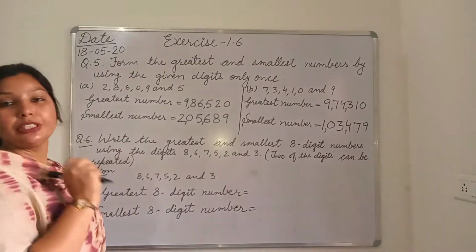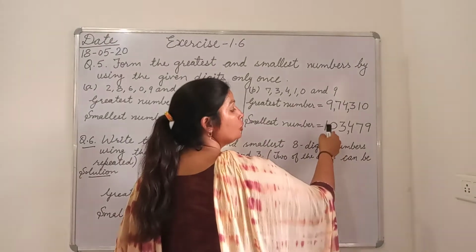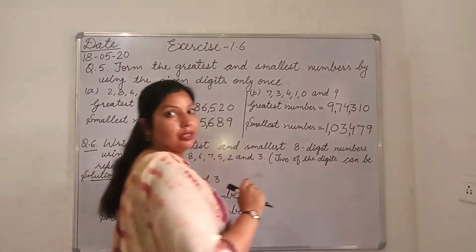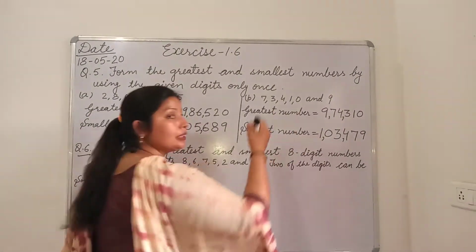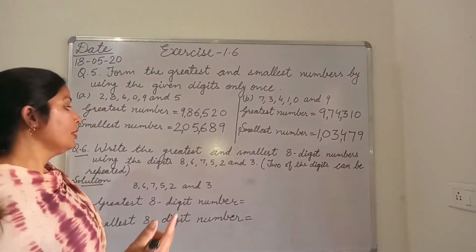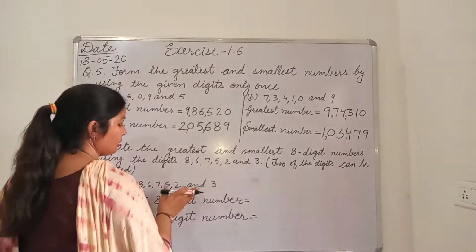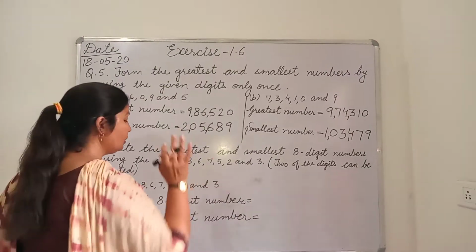In this type of question we should repeat 0 if required, but this type of question is not given to you. There is given this 8, 6, 7, 5, 2 and 3.